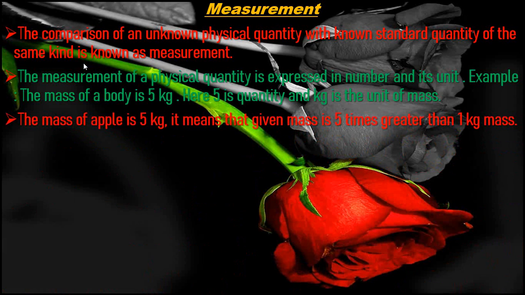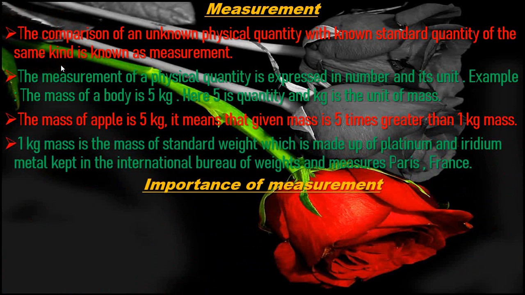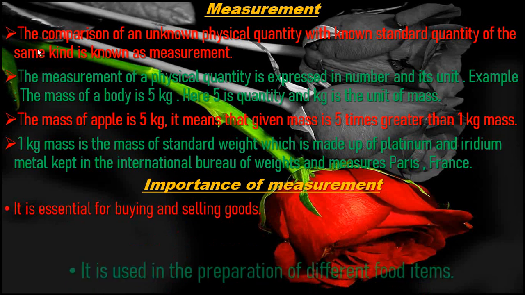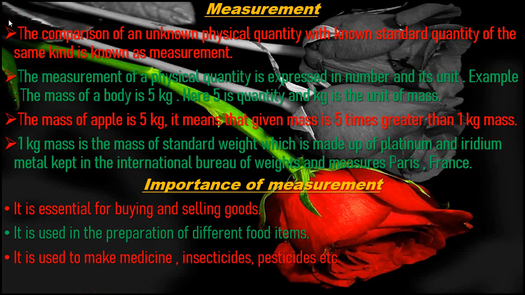So we can easily define measurement as the comparison of an unknown physical quantity with a known standard quantity of the same kind. It means if there is any unknown physical quantity, and we compare that unknown physical quantity with a known standard quantity, then that comparison is known as measurement, and the measurement of a physical quantity is expressed in number and its unit.